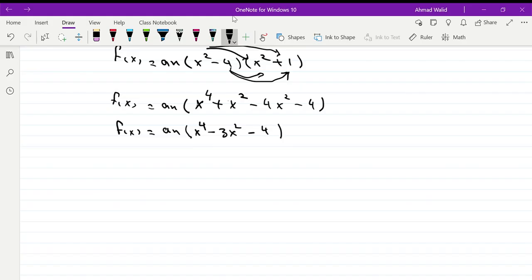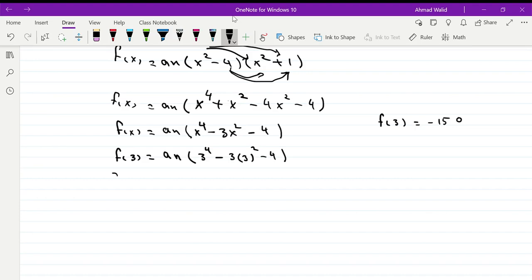Now it's time to find a sub n. How much is the leading coefficient? How to find that? This part of the problem will help you, because they give you that f of 3 is actually negative 150. Correct? It means I can write here f of 3 equals a sub n times 3 to the power of 4 minus 3 times 3 squared minus 4.